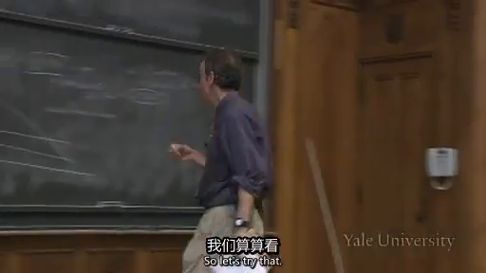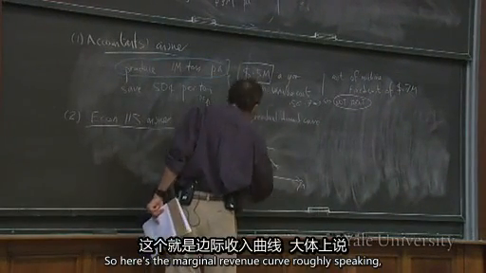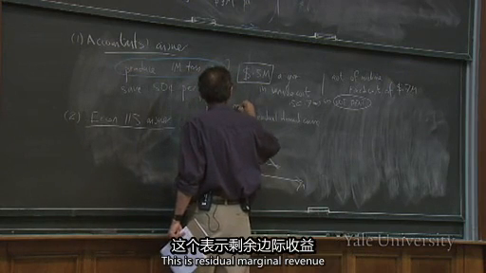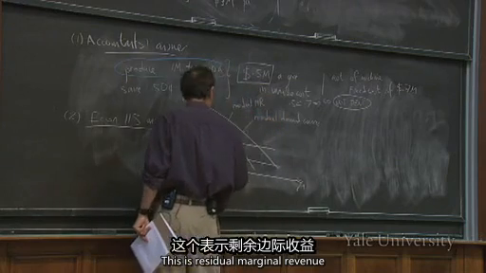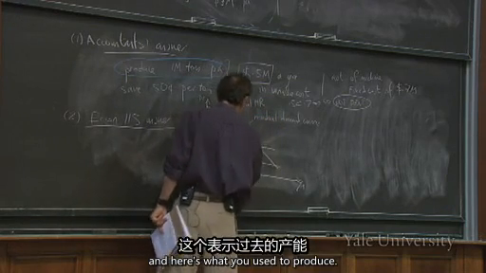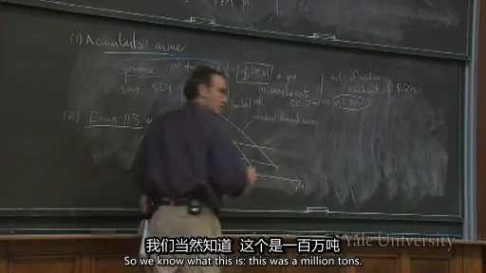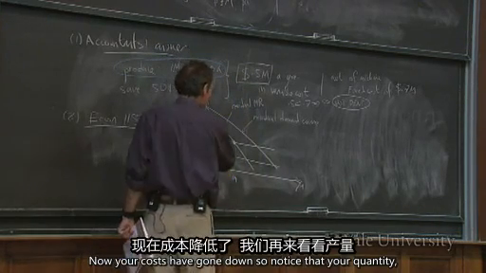So let's try that. So here's the marginal revenue curve. Roughly speaking, it should be twice as steep. This is residual marginal revenue. And here's what you used to produce. So we know what this is. This was 1 million tons. This was marginal revenue hitting marginal cost. Now your costs have gone down.